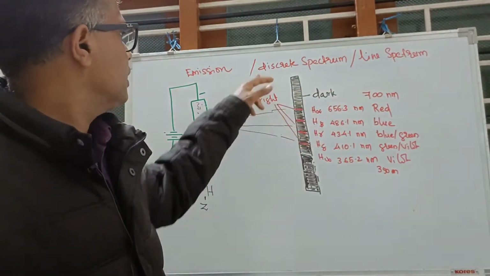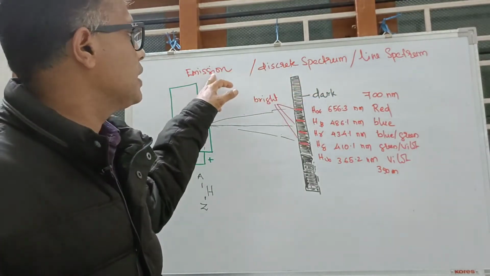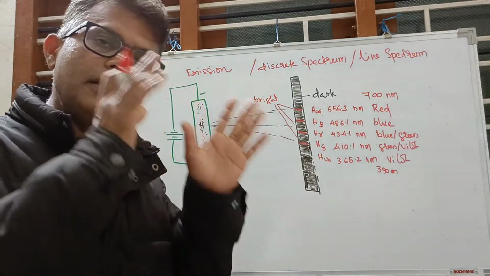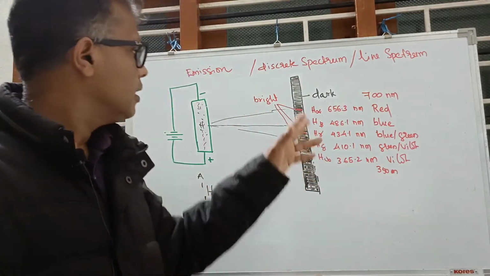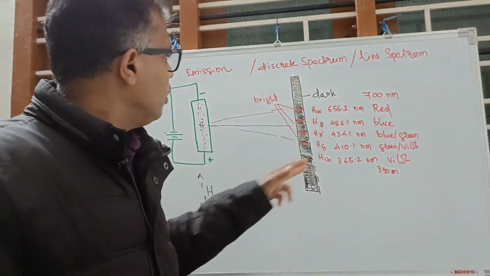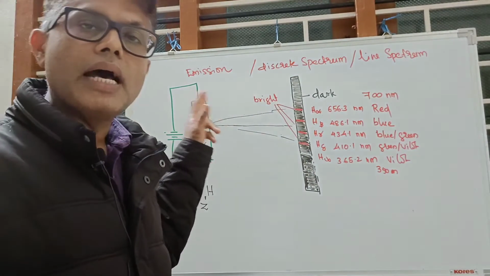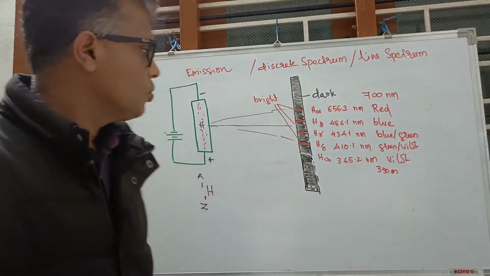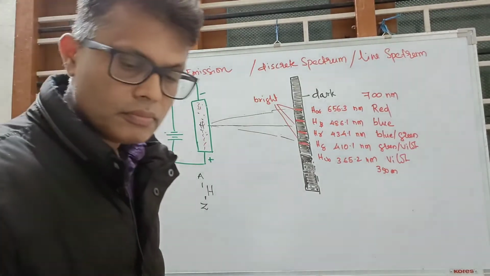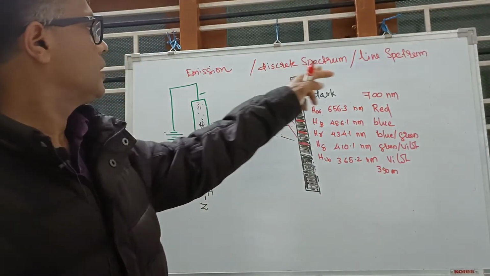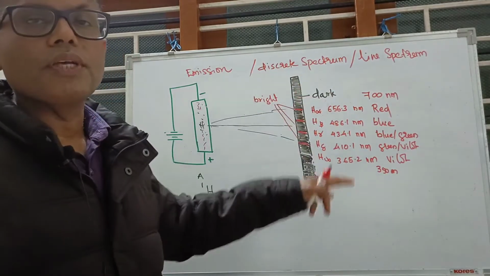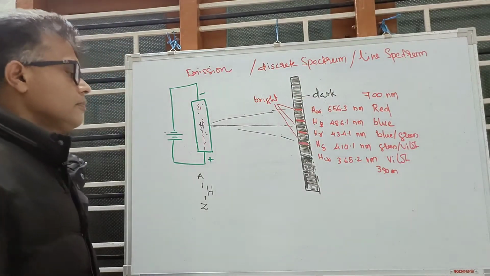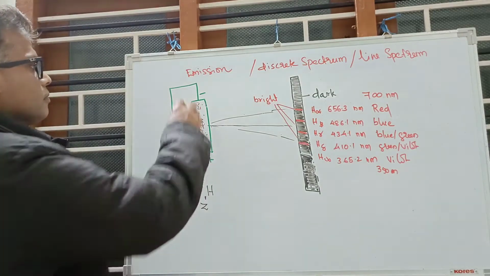It is called discrete spectrum, or emission spectrum, or line spectrum. It is the only thing that gas is producing. Clear? Everybody clear what a discrete spectrum is? I am just removing it. If you want, you can write it. Please write it there.